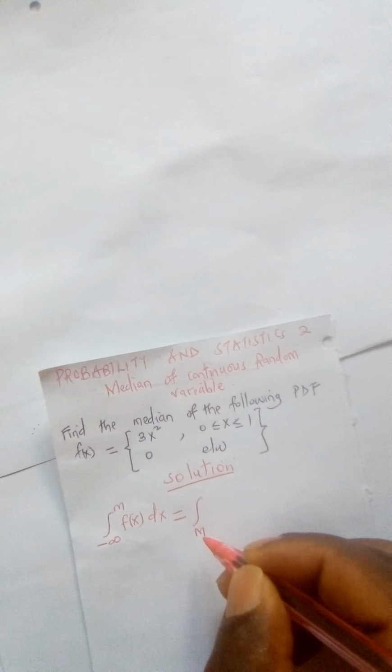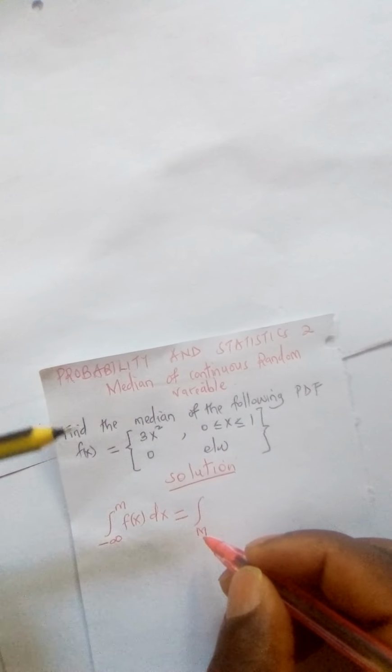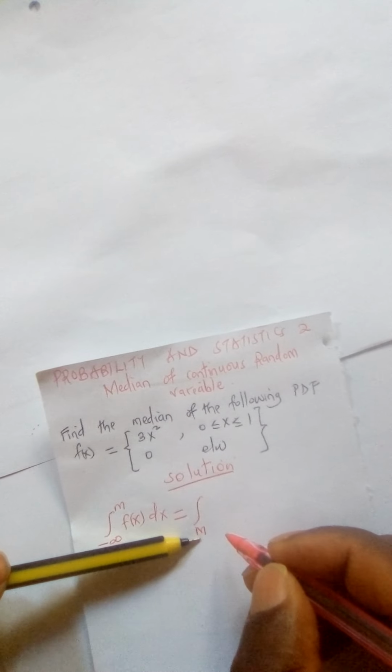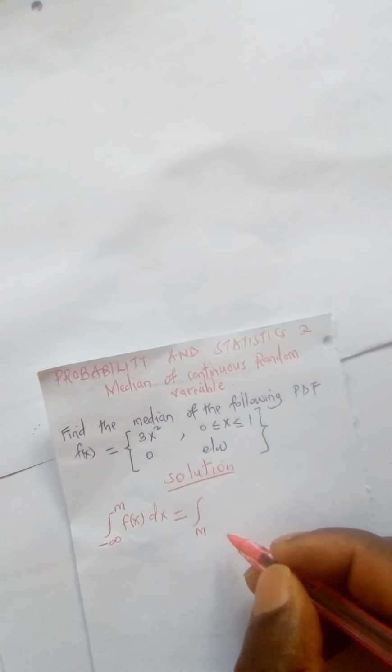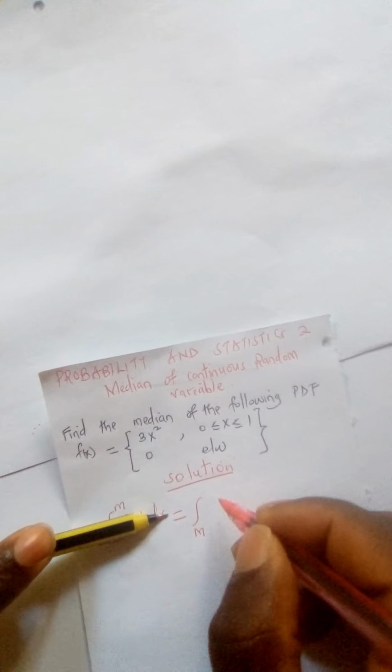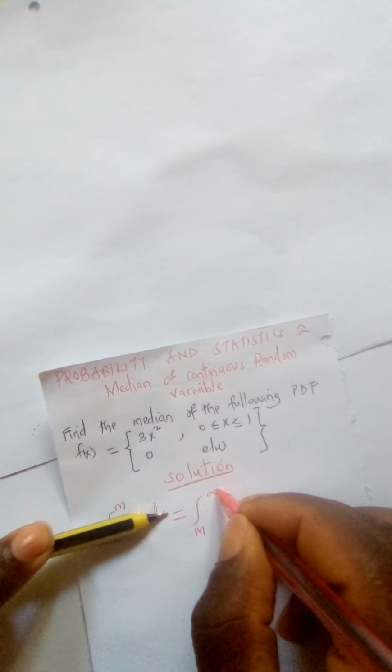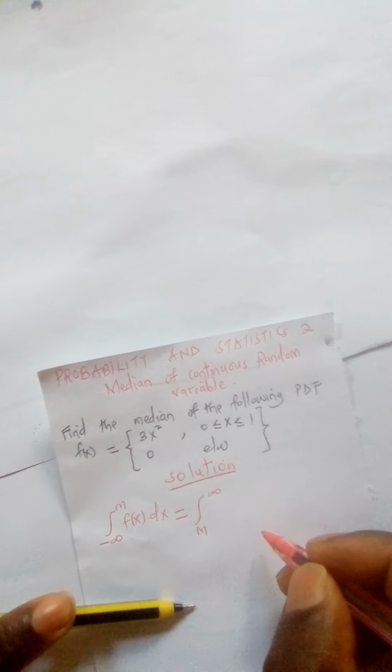So at the lower limit, you are required to write m there. Then, since m is at the lower limit, that means the upper limit can go as far as infinity, because we can't estimate the exact value of the upper limit. So you just write infinity.